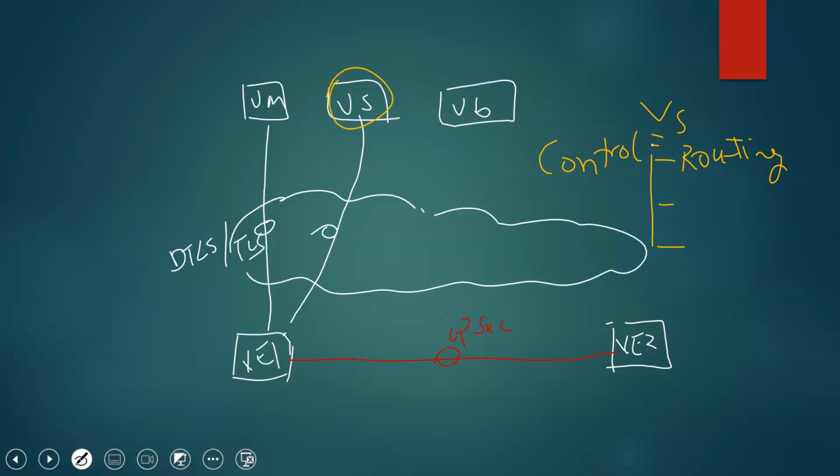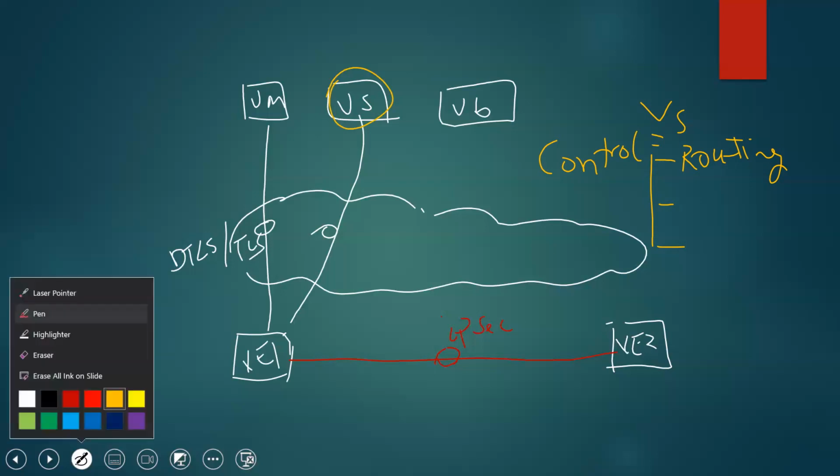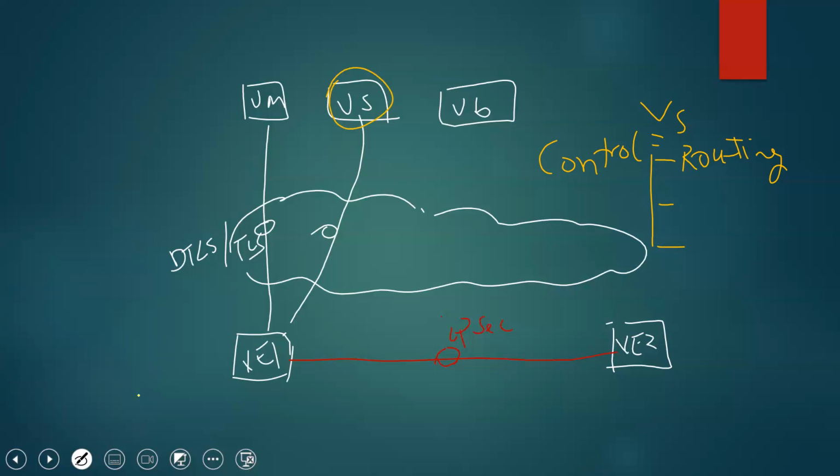Now, if two devices have to form an IPsec connection, the edge devices communicate with the help of vSmart. Suppose vEdge1 and vEdge2 want to form an IPsec tunnel between them.